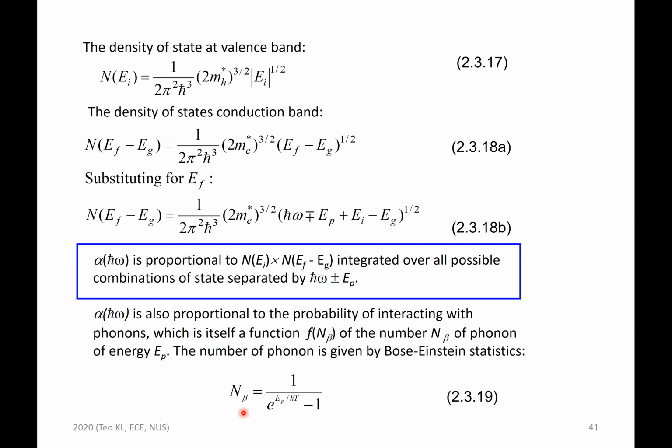So the number of phonons will be 1 over exponential of EP over KT minus 1. EP is the phonon energy, K is the Boltzmann constant, and T is the temperature. These equations can be derived from statistical mechanics or quantum mechanics, and we are not going into details. This term is valid for the absorption of phonons.